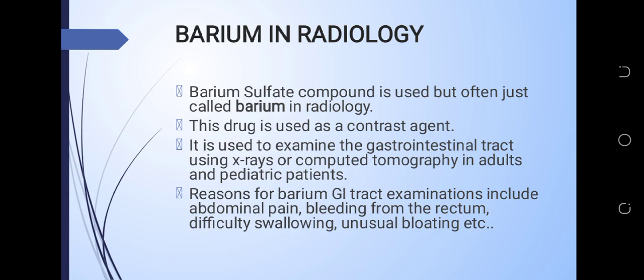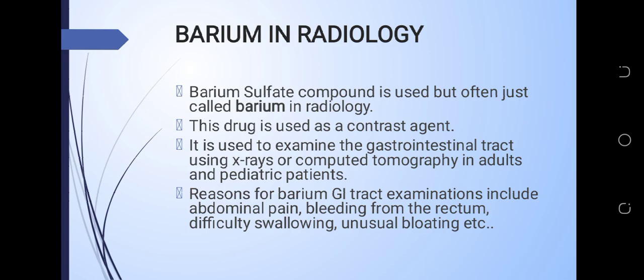Barium in radiology. The barium sulfate compound is used, but often just called barium in the radiology department. This drug is used as a contrast agent, meaning that it is introduced into the body in order to improve the visibility of internal structures.